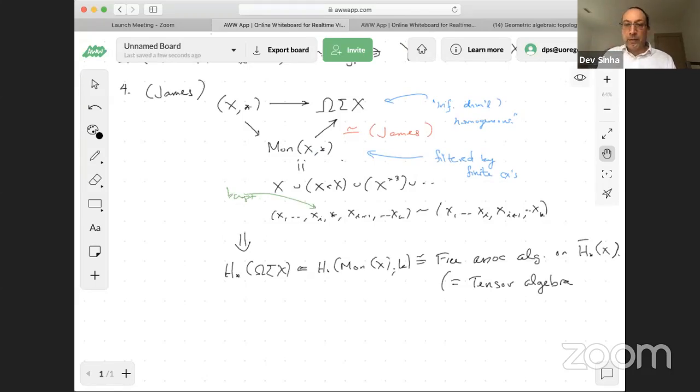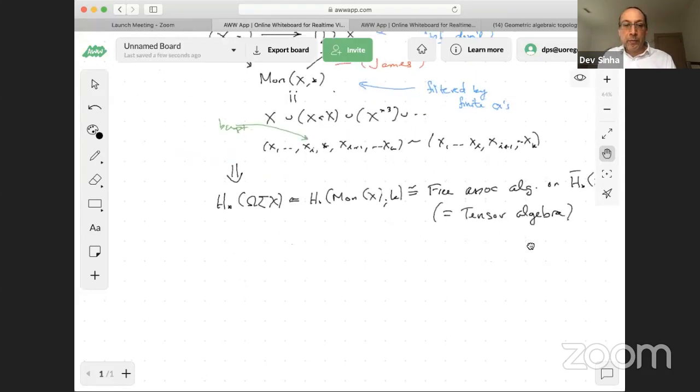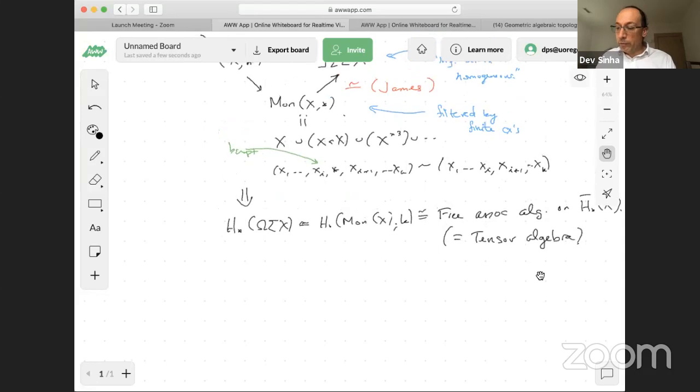So let me say a little bit more about this. Let's pause here, because there are plenty of proofs out there, and the proofs usually start with this homology calculation. Calculate this and then deduce the theorem.